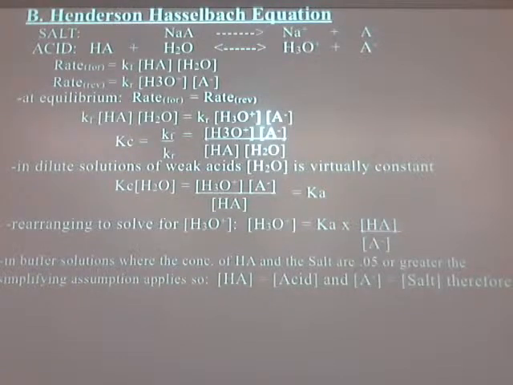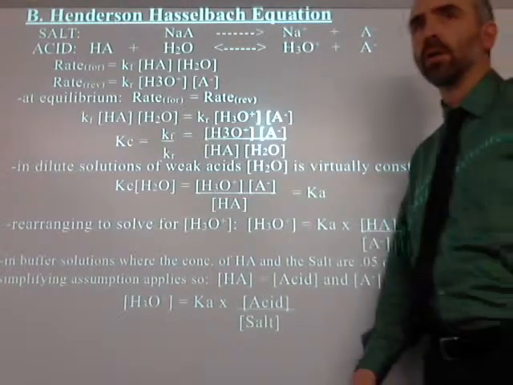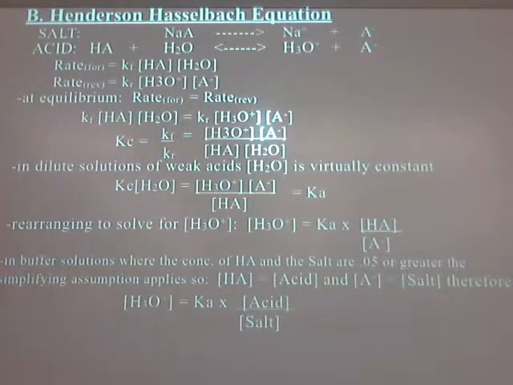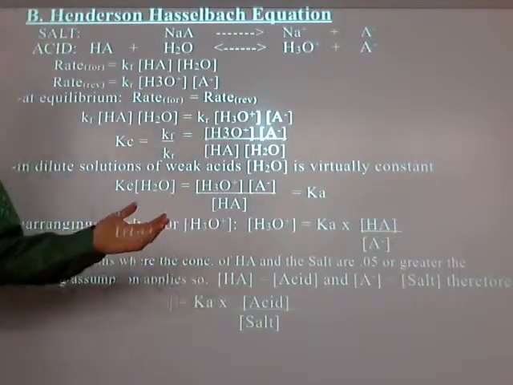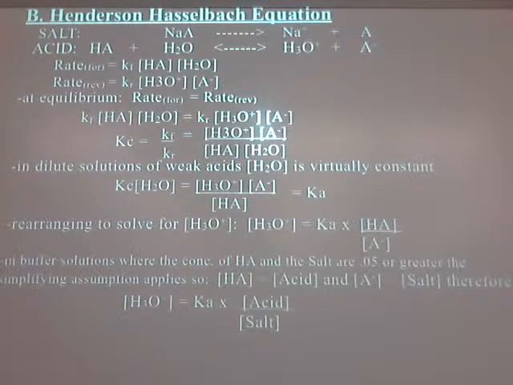And therefore, it makes it real easy to do. I could just plug those guys right in from the problem. And it would look kind of like this, wouldn't it? You could replace what you have for HA or salt as acid over salt, whatever that concentration it gives you from the problem. And Ka is obviously given to the problem also. It has to be.